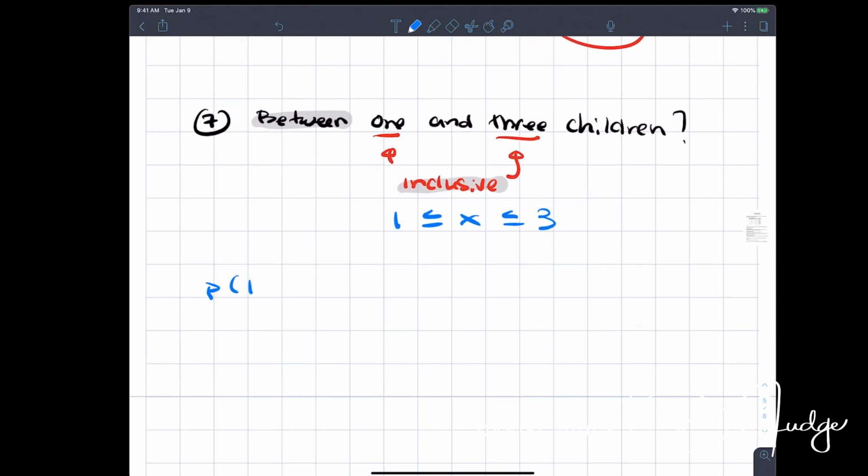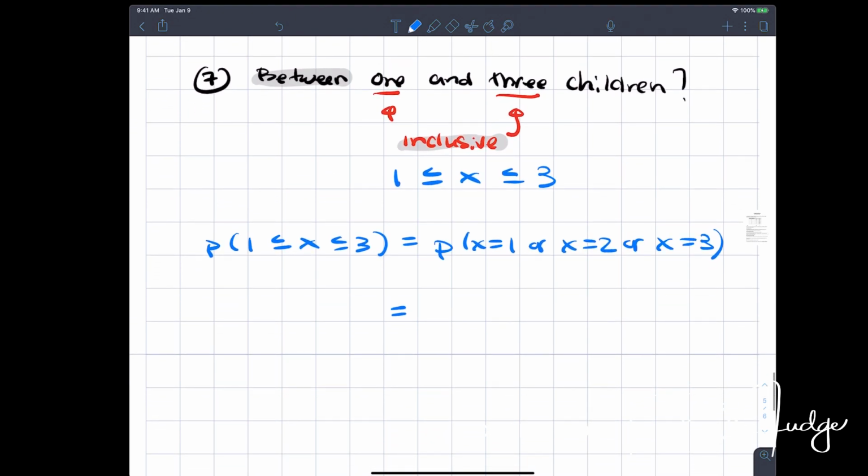So in this answer, here's what you guys are going to do. The probability that x is between 1 and 3, that means x is 1, or x is 2, or x is 3. Which is going to give us P of 1 plus P of 2 plus P of 3 here.